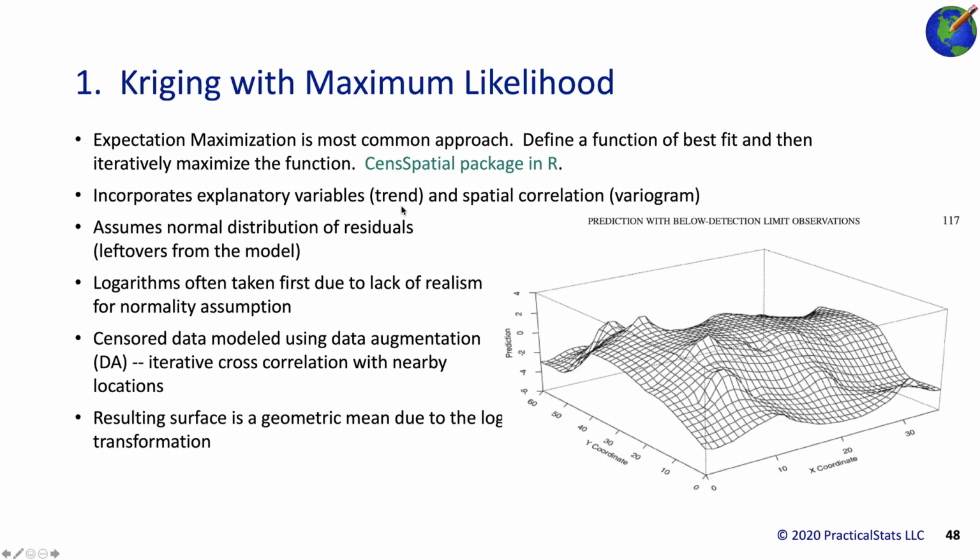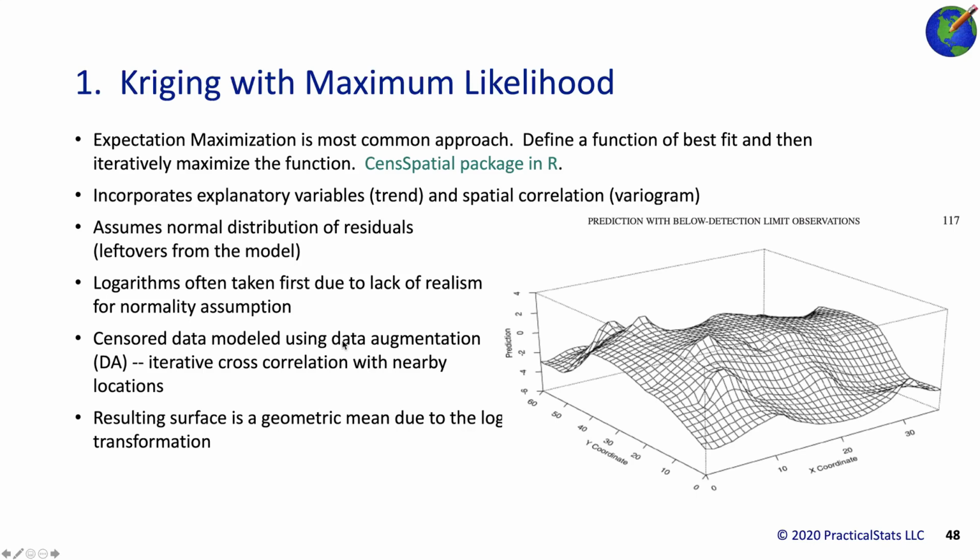That's called a trend in Kriging, and you could take that trend out with those other variables, and then it's doing Kriging on what's left over, much like we did earlier with the GAM. It is a parametric procedure. Like other kinds of Kriging, it assumes that the distribution around the surface of points is a normal distribution. That's often not the case with us, so it's often that logarithms are taken of the y variable before things are Krieged, or in this case, censored Kriging is done.